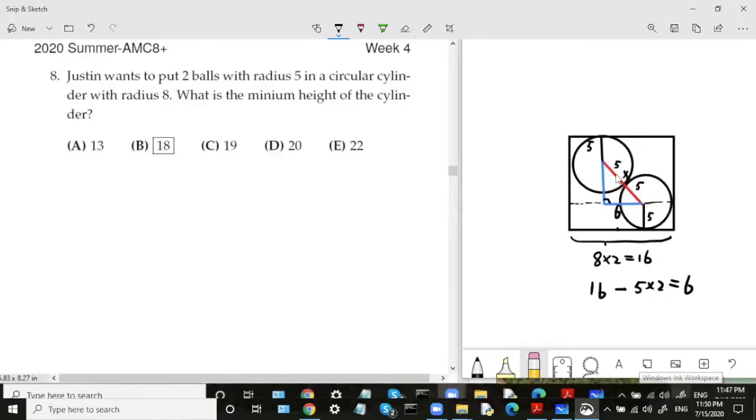So in this right triangle, we have 10 and 6. So we know then that the other leg would be 8. So the minimum height for the 2 balls put into a cylinder would be 5 plus 8 plus 5. It is 18, which is B.